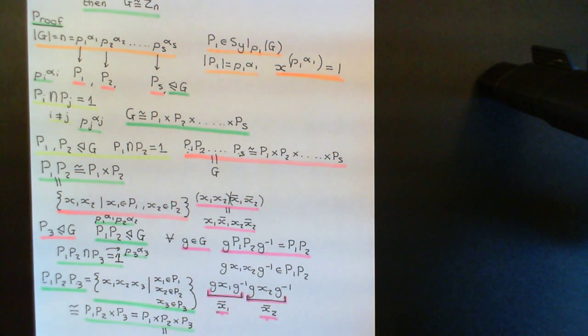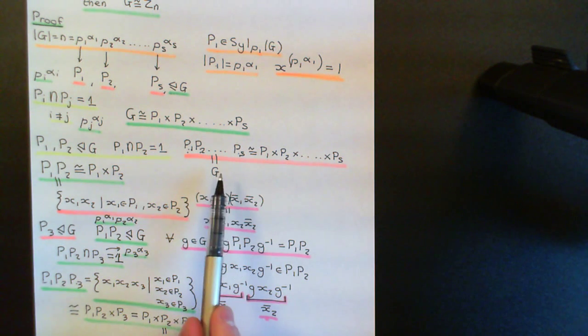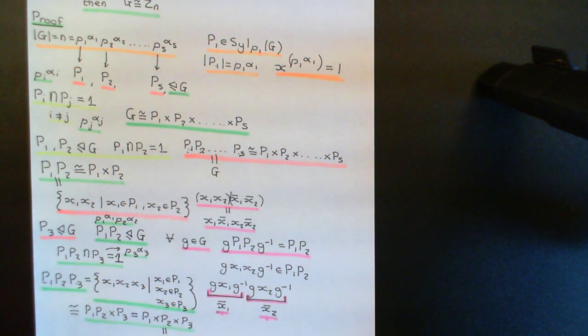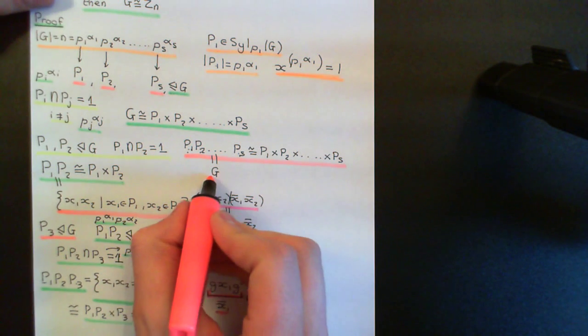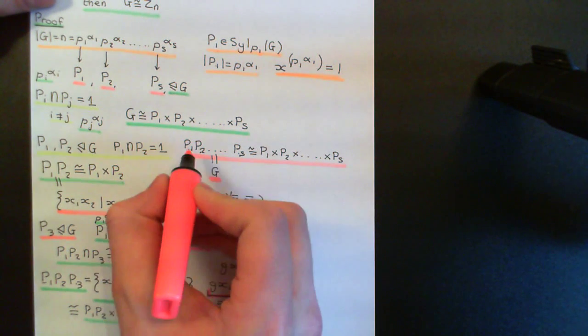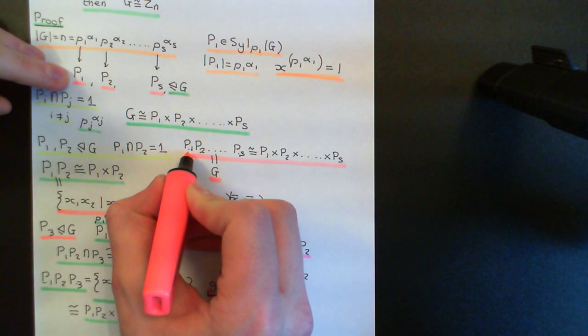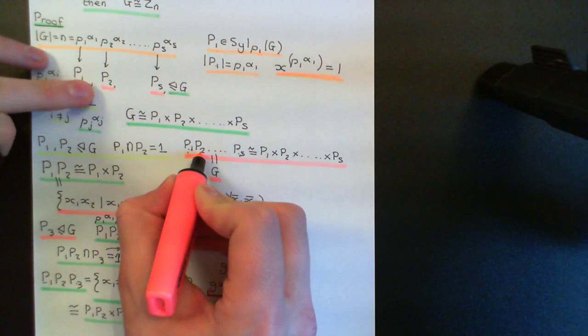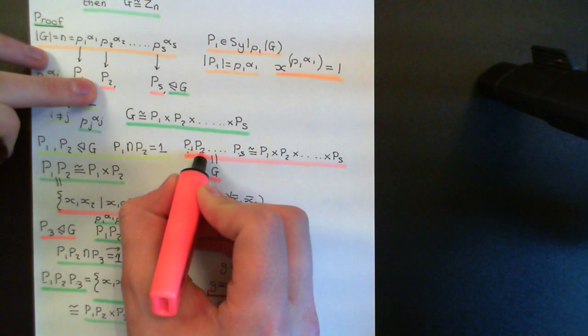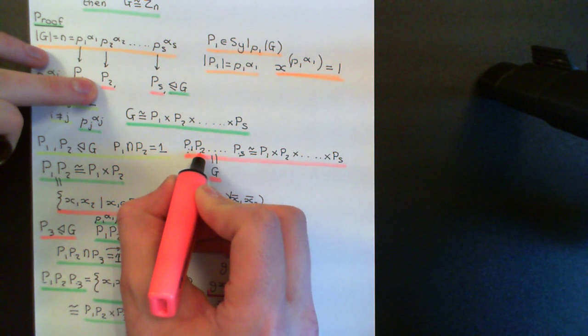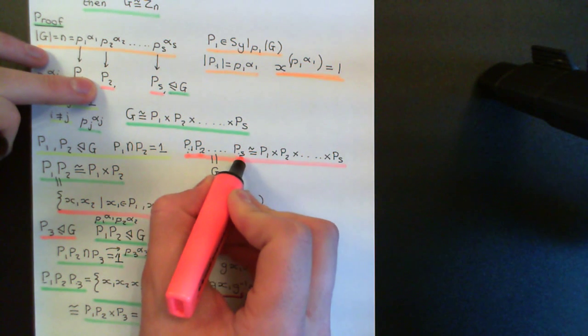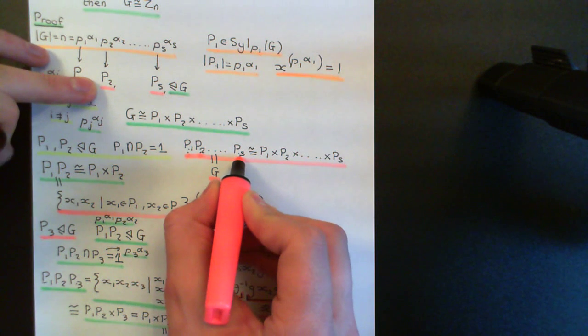And what I would like you to understand by this is that all of the elements of the group can be written as an element from the first Sylow subgroup, pertaining to the first prime, composed with an element from the second Sylow subgroup corresponding to the second prime, all the way down to the S-th Sylow subgroup corresponding to pS.